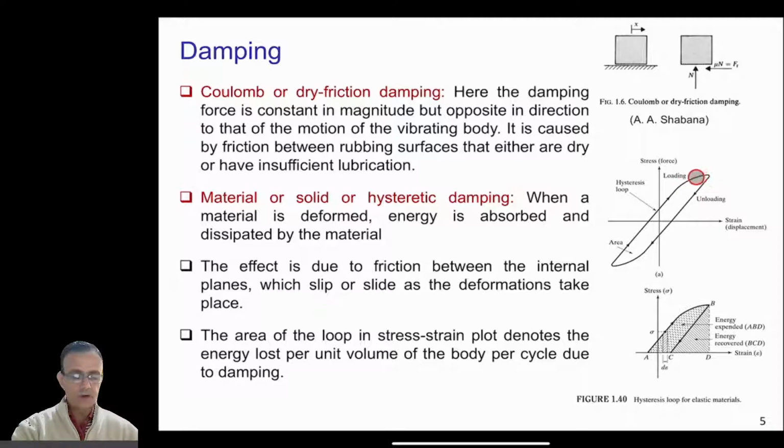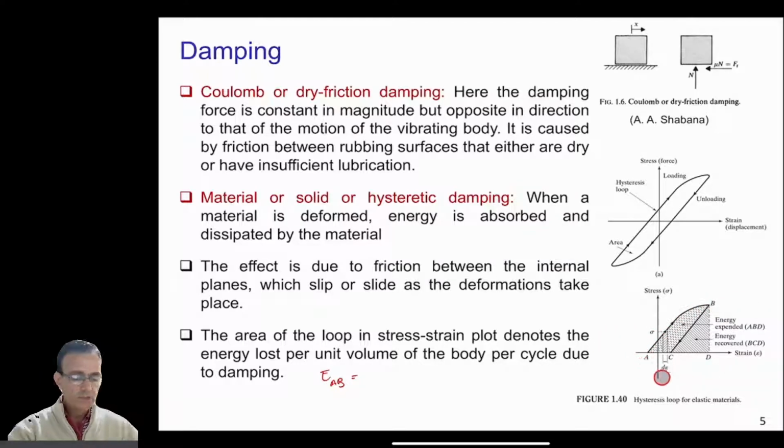So the body is not following the initial path, but it's following this path here, which you can see is just the positive portion of this plot. So this is our stress, and this is our strain, and we can see that when the body is moving from A to B, there is the energy that you apply on the system when you want to move it from A to B.